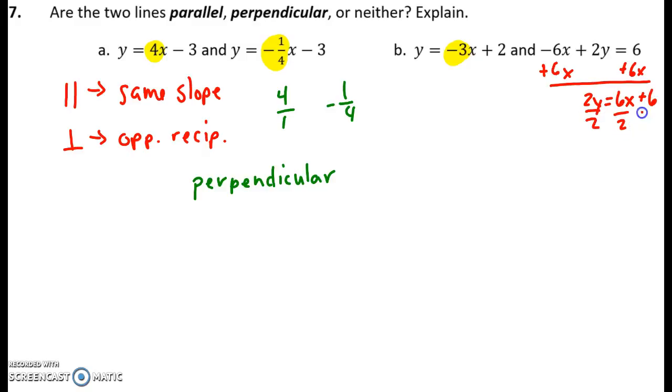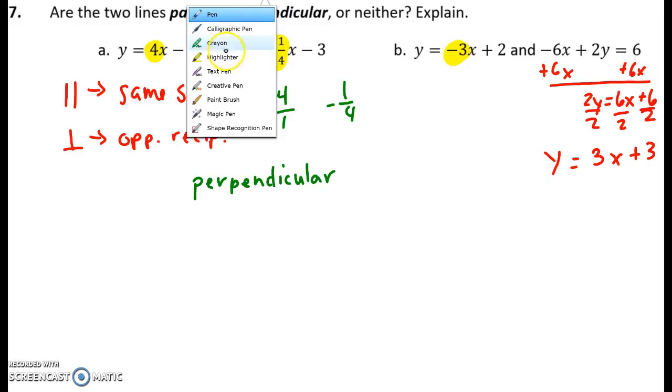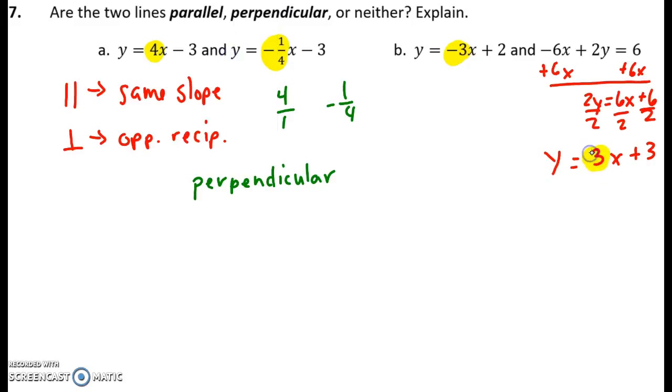Divide everything by 2, and I get y is equal to 3x plus 3. Now when we compare their slopes, I have -3 and +3. They are not reciprocals, they are opposites, and they are not the same. So this one is neither.